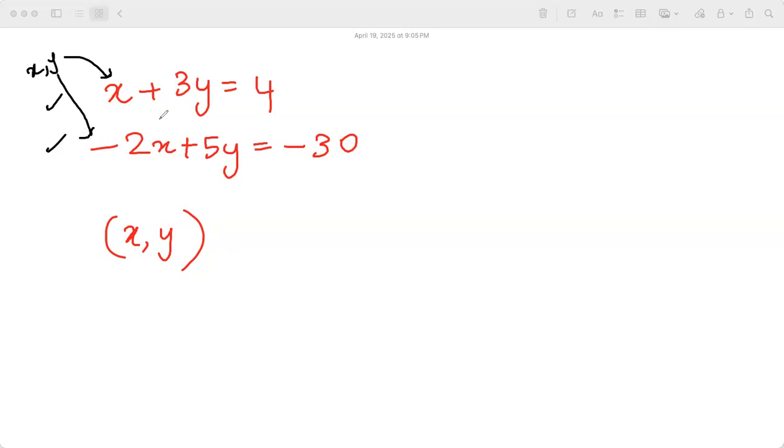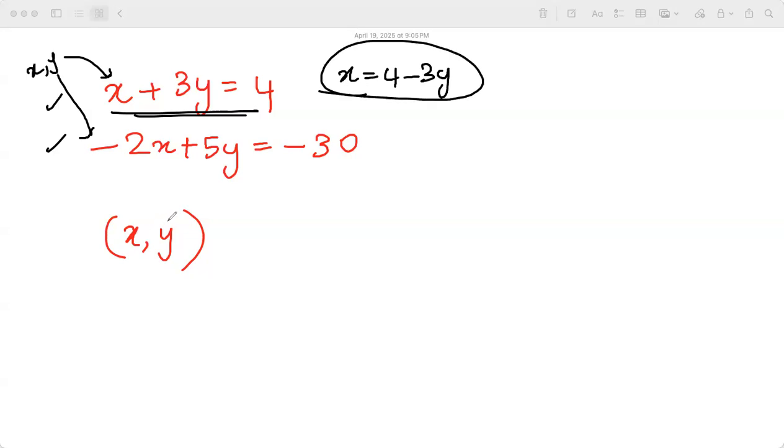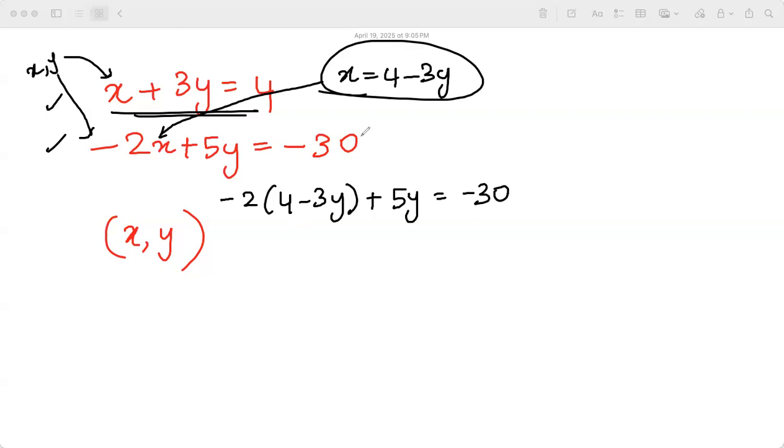How to find that? Using the first equation, I can say x equals 4 minus 3y. Now I plug that in here. That is what substitution is. Minus 2 times 4 minus 3y plus 5y equals minus 30. I made one equation with one variable.